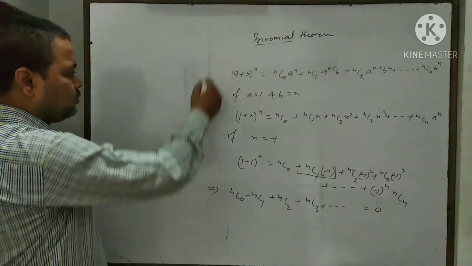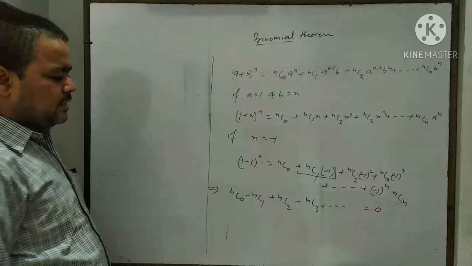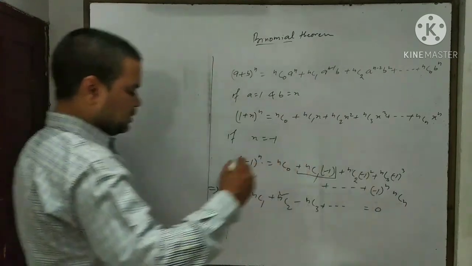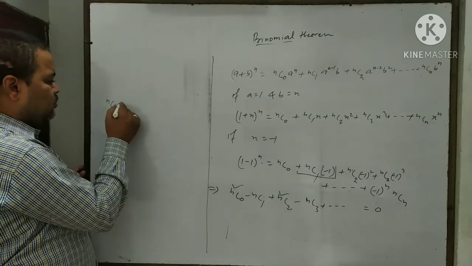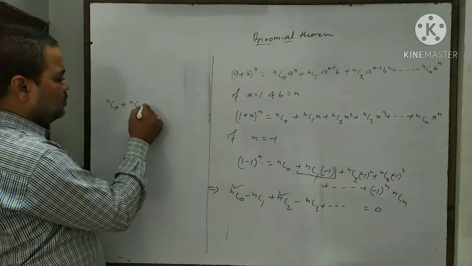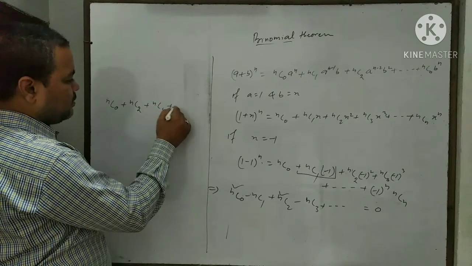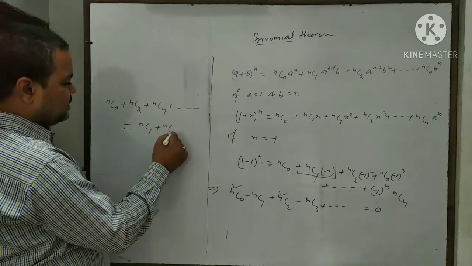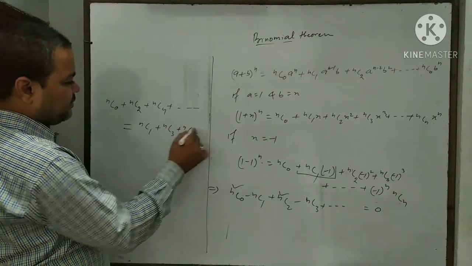Okay, now what we do, we just take the positive terms this way: nC0 plus nC2 plus nC4 plus ... will be equal to nC1 plus nC3 plus nC5.